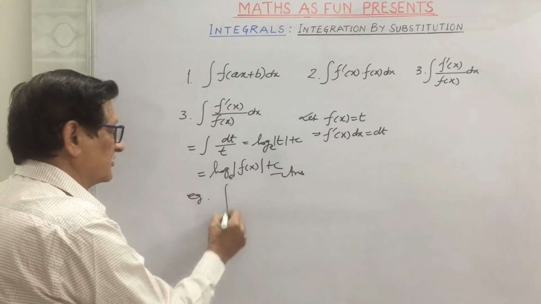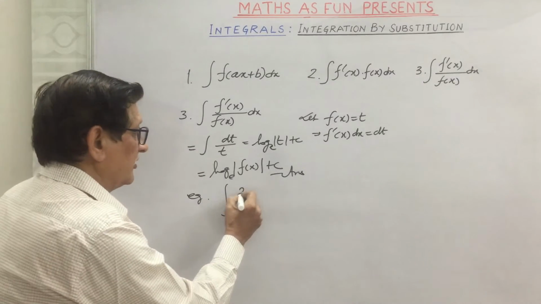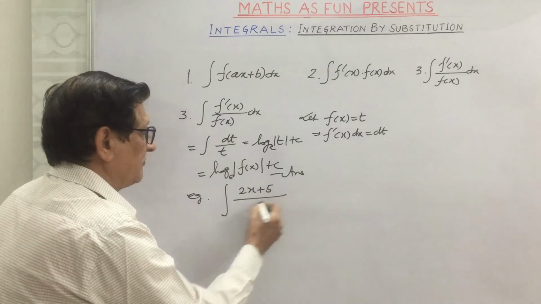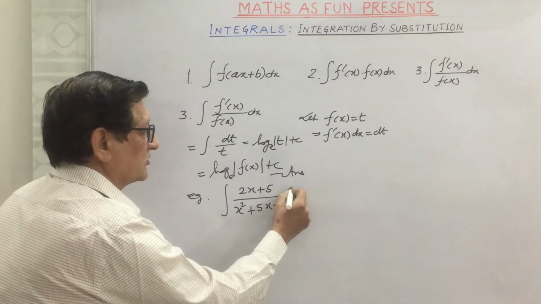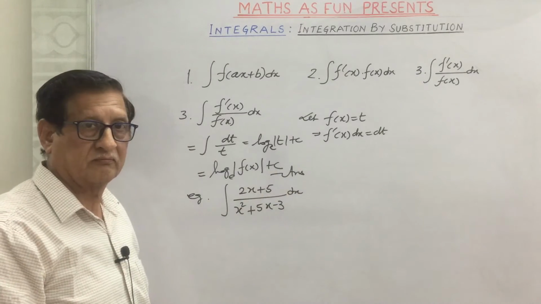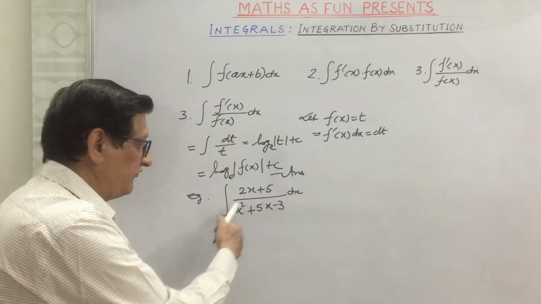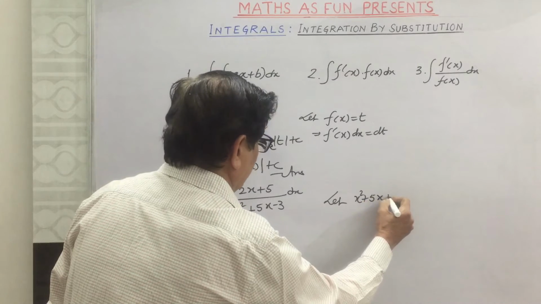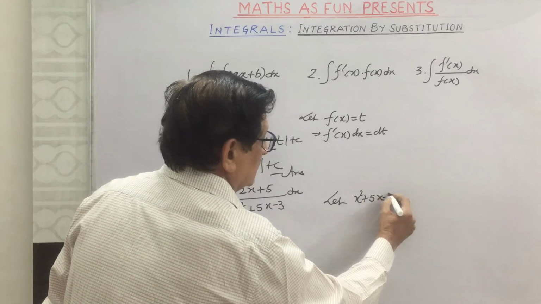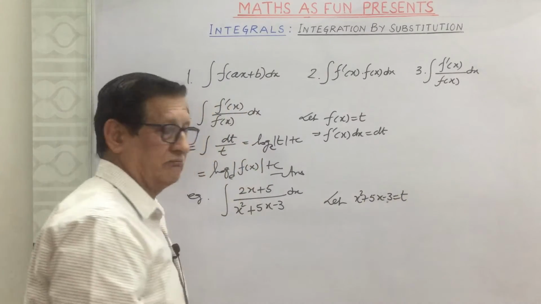Suppose the example is: find the integral of 2x plus 5 upon x square plus 5x minus 3. If we substitute t for this, we can write let x square plus 5x minus 3 equal to t.